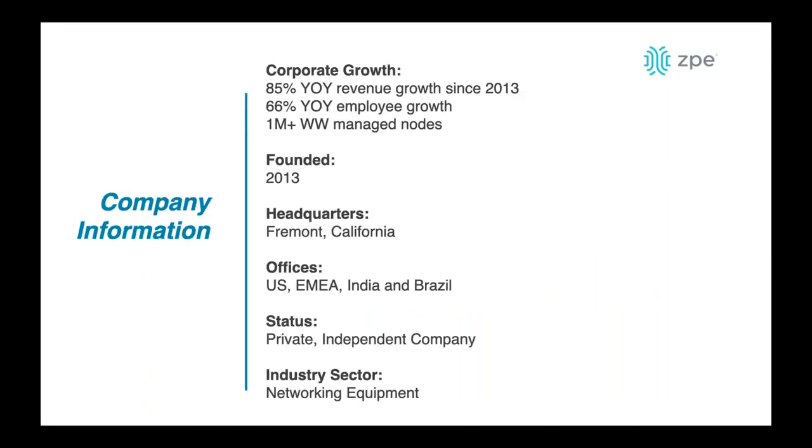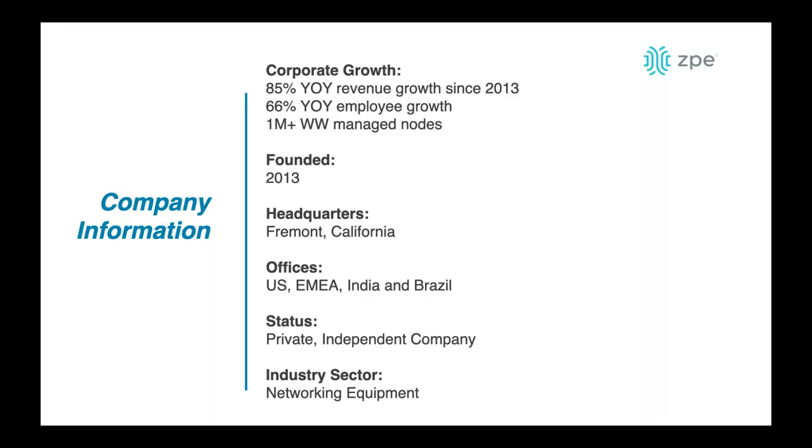So briefly about the company I'm working for. I'm working for ZPE Systems, and we were founded back in 2013 in the US, in Fremont. Since 2013, we have had year-on-year revenue growth of roughly 85%, and we achieved that by deploying over 1 million managed nodes to our customers. Our customers encompass anything, from hyperscalers to pharmaceuticals, financial companies, oil and gas, and retailers.